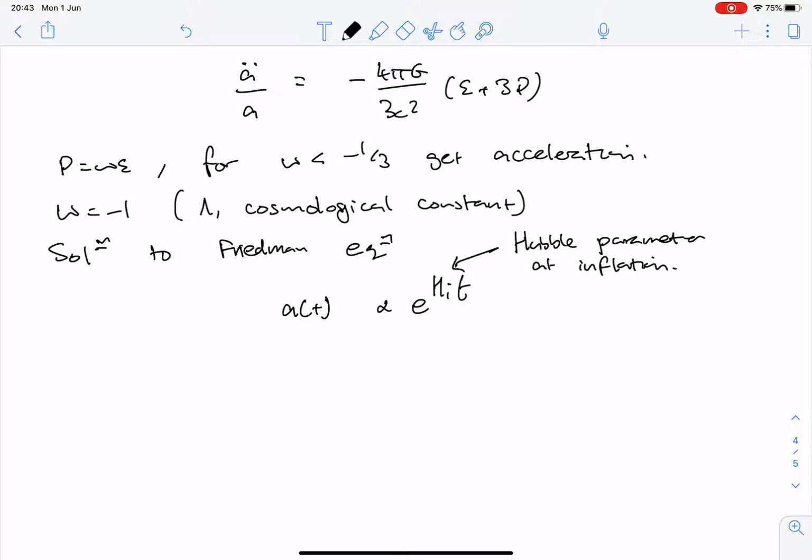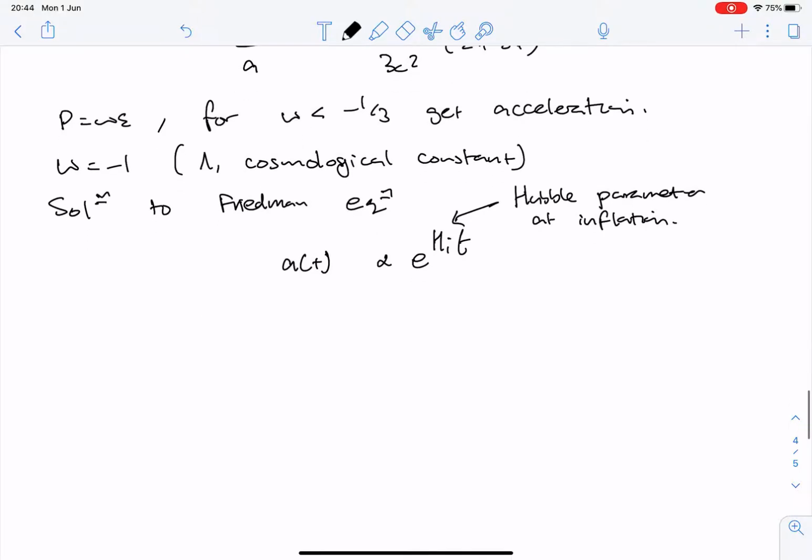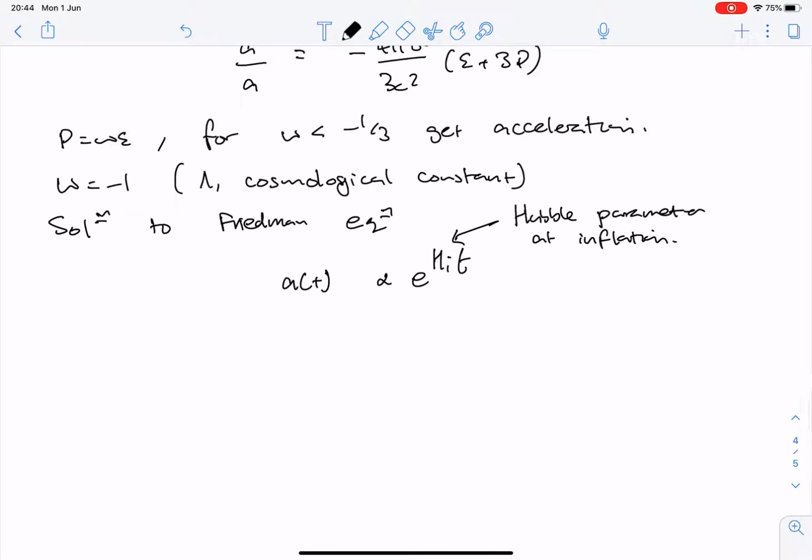And so what I'm talking about here, just to be clear, is something that looks like and mimics the cosmological constant. I'm not saying that what was responsible for inflation at 10 to the minus 36 seconds is what's responsible for the cosmological constant that we observe today. But let's just now look at what the history is going to be if this is our model.